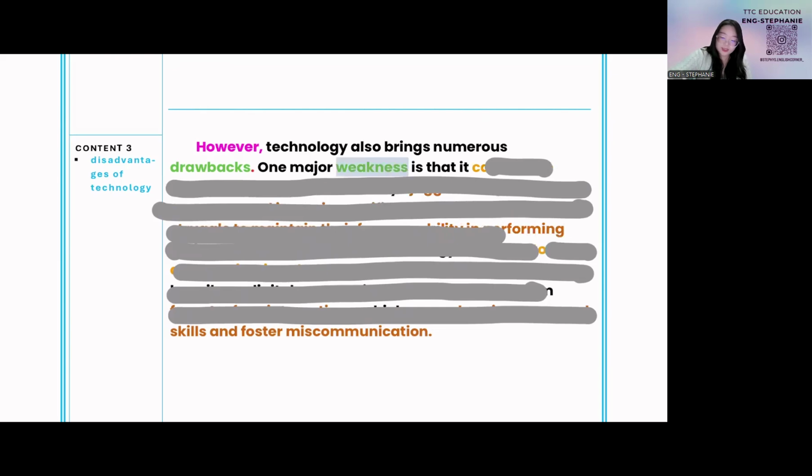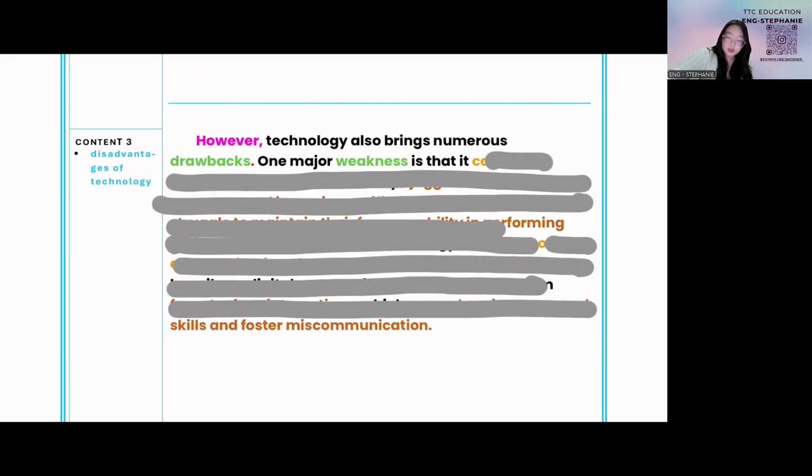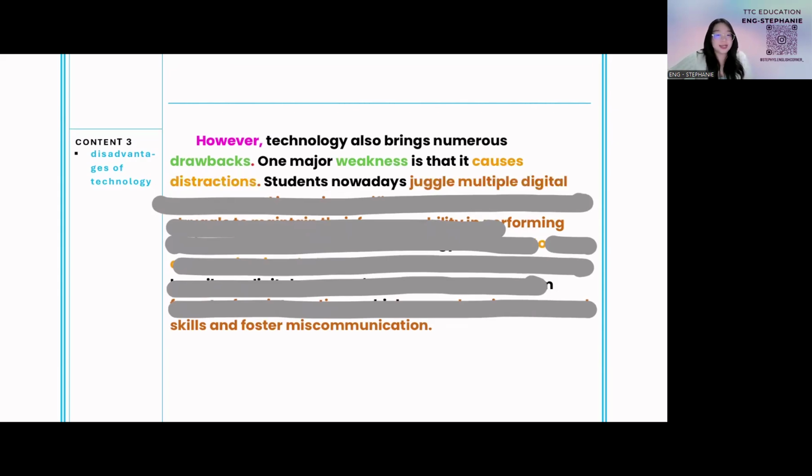One major weakness, because we are talking about one, so we go with singular form, is that it causes distraction. Again, the orange and brown colors are from the fact sheets, okay? So this is your point. Further elaborate, you say numerous drawbacks, what's the drawback, or the causes distraction.